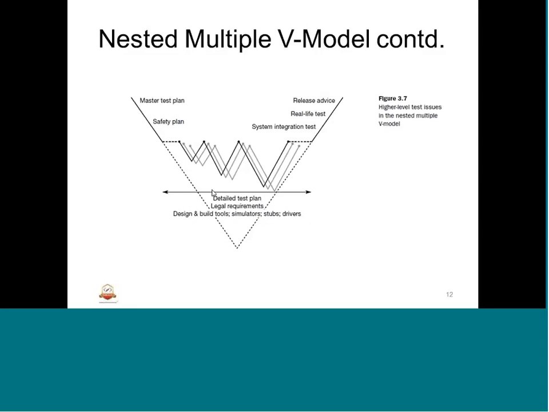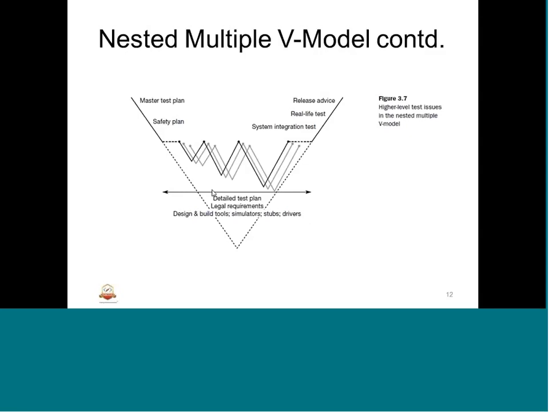The multiple V model with the 3 sequential V cycles, what we have seen, does not take into account the practice of functional decomposition of the complex system. The development of such a system starts with high level specification, followed by an architectural design phase where it is determined which components, hardware or software, are required to realize this. And those components are then developed separately and finally integrated into a full system.